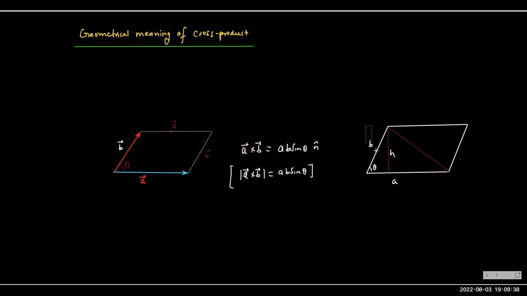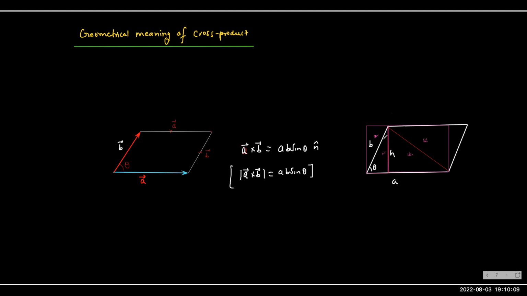Let me show you something interesting. This is the very basic of area. So you can clearly see that this area is same as this area, right? And this area is same as this area, correct?